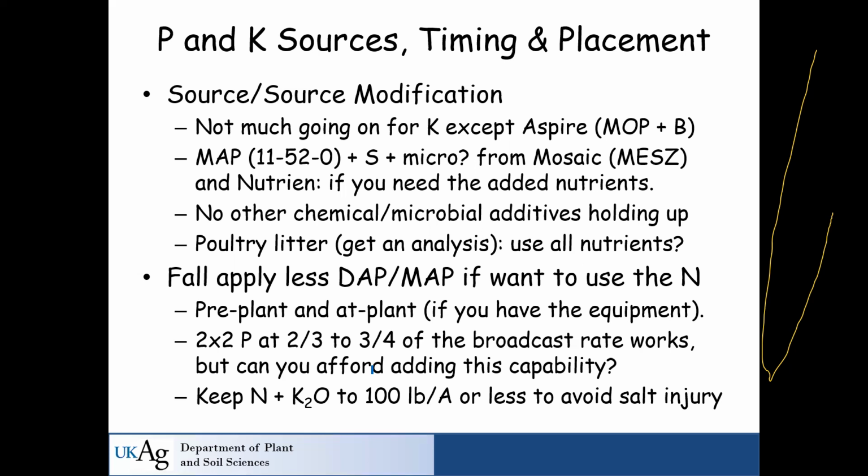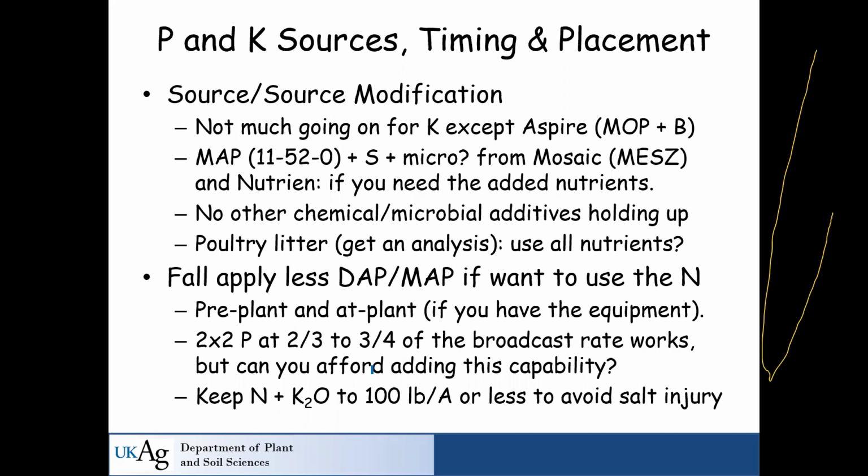Mosaic has also created a product called MES-Z. They also make an MES-B one, where they take MAP 11-52-0, add sulfur to it, elemental sulfur, plus a certain micronutrient. In this case, they add zinc for Kentucky and other states in this part of the world. They make a product that has B, and they have another product that has copper that's sold in Africa.